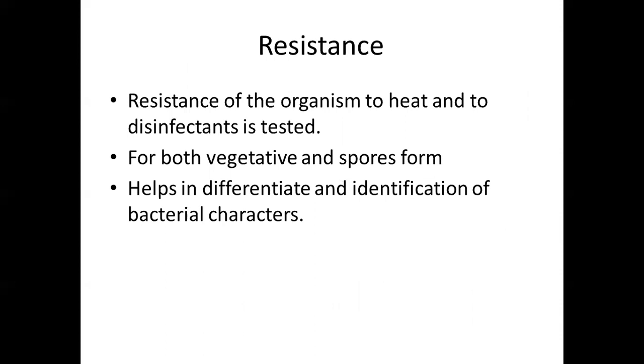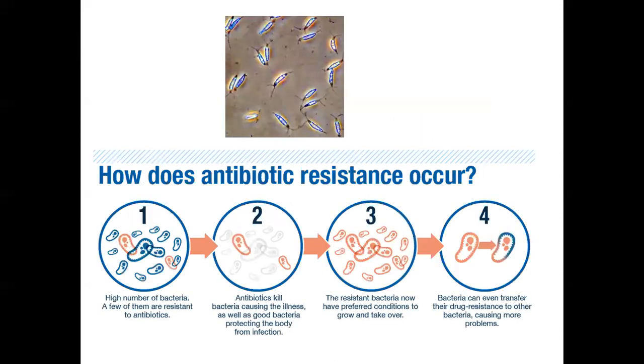The next is resistance. The resistance of the organism to heat and to disinfectants is tested, for both vegetative and spore forms, which helps in differentiation and identification of bacterial characteristics. How does antibiotic resistance occur? The best example is this: in a high number of bacteria, a few of them are resistant to antibiotics.